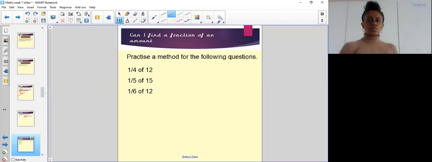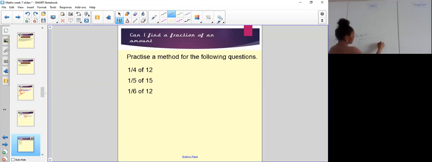So 1/4 of 12. I would write it out like this, 1/4 of 12, because that's what I'm trying to find out. Then I would get a bar model and I would split it into 4 because my denominator is 4. So I'm splitting it into 4 pieces, the same as 1/4.